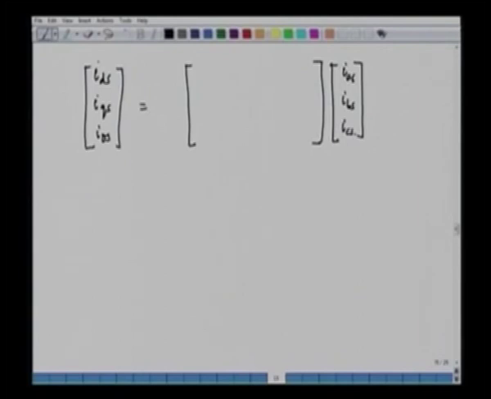And what is this matrix? We have seen this is 1, minus half, minus half; 0, root 3 by 2, minus root 3 by 2; and here it was 1/3, 1/3 and 1/3. So we will just multiply by a factor of 2 by 3, and here we will have half, half and half. So this is the transformation matrix, that is CS.